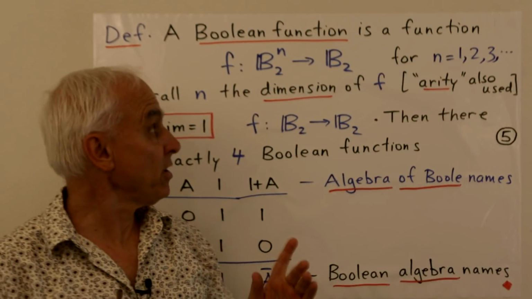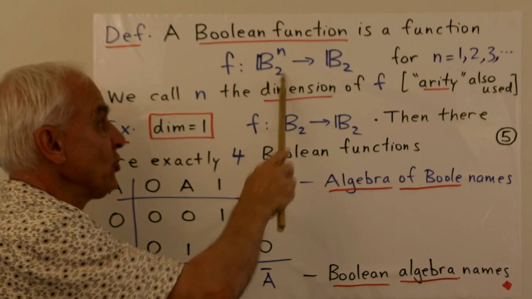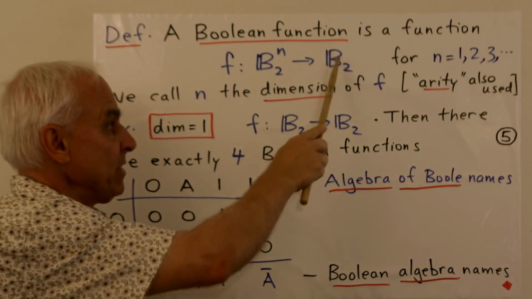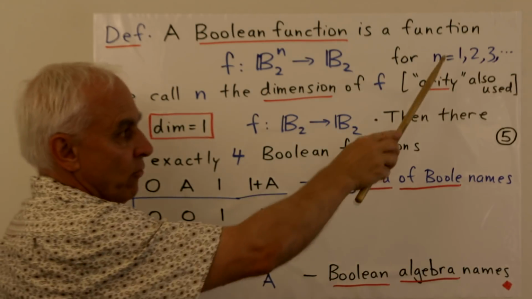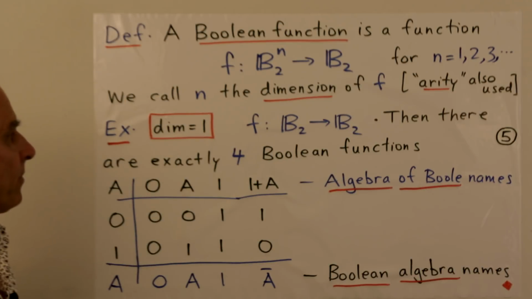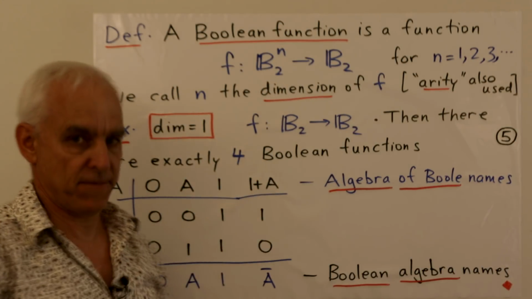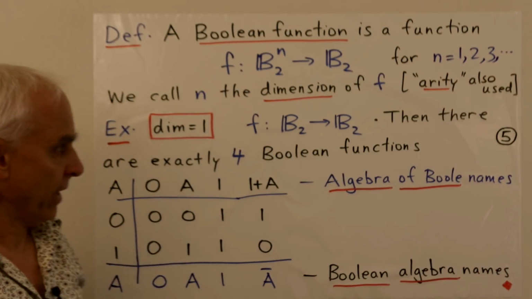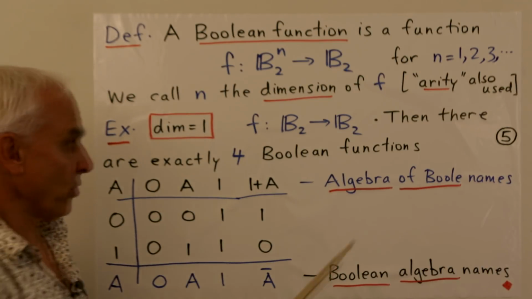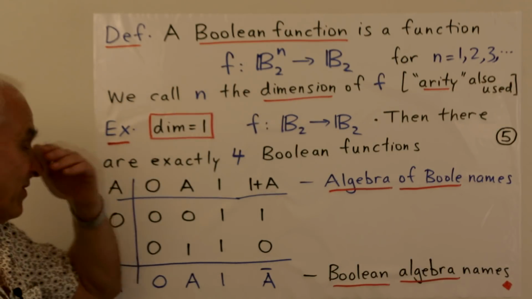So a Boolean function more generally is a function from B2 to the n to B2 for n equals 1, 2, 3, or possibly higher values. And this n here, we call it the dimension of f.